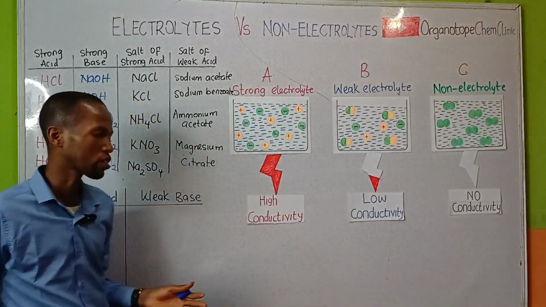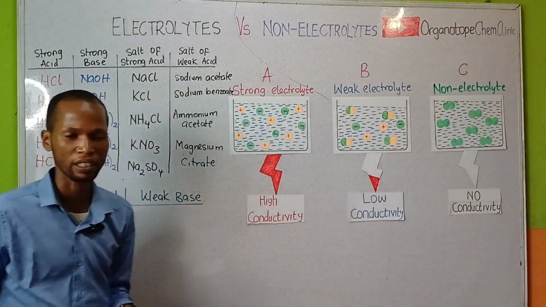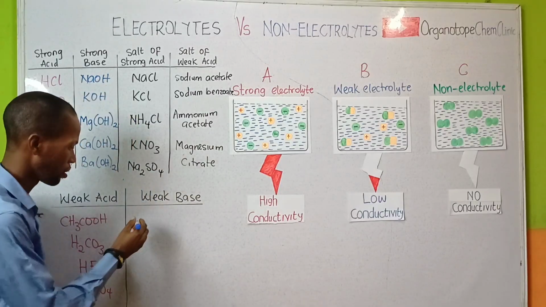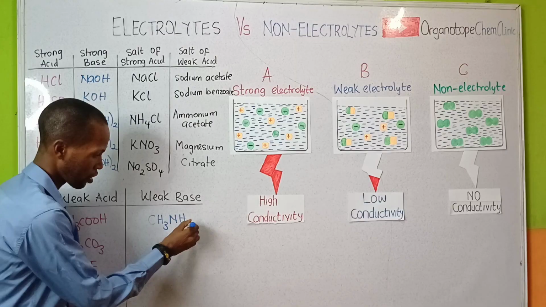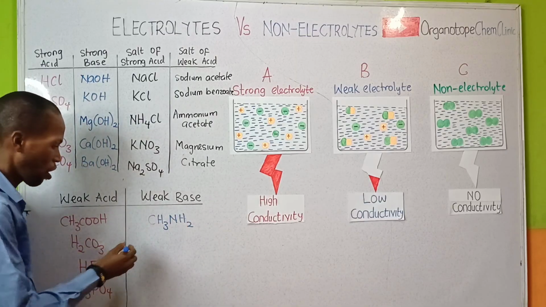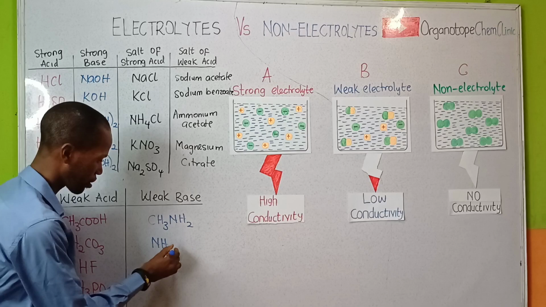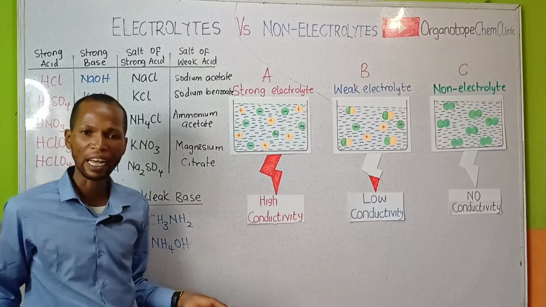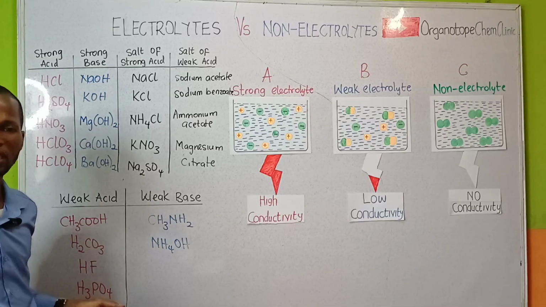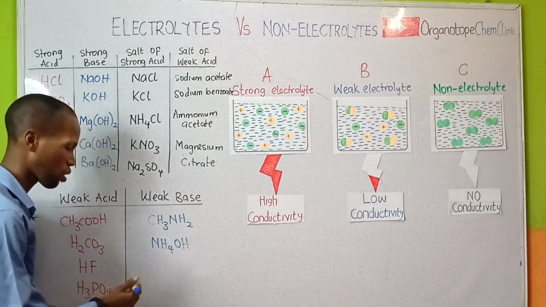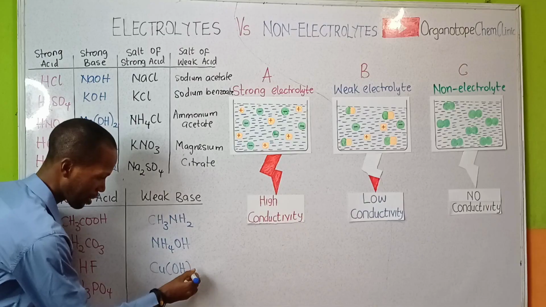Moving on, can we take those weak bases that are considered to be weak electrolytes? We have methylamine, that's CH3NH2. Also, ammonium hydroxide is a weak base. We can as well consider the hydroxides of some transition elements which are weak bases as well. We have copper(II) hydroxide, a weak base. Iron(II) hydroxide is a weak base.